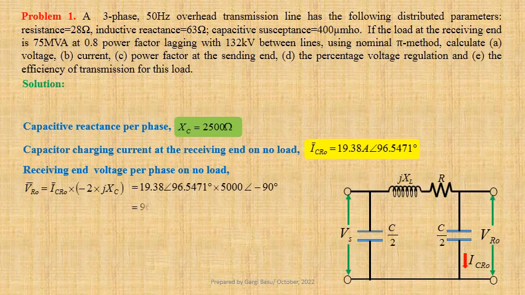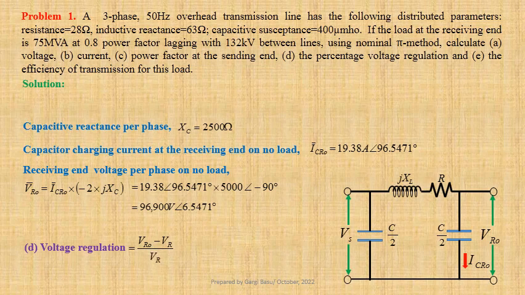That gives us 96,900 volts at an angle 6.5471 degree. Let us now determine voltage regulation, that is equal to VRO minus VR divided by VR.